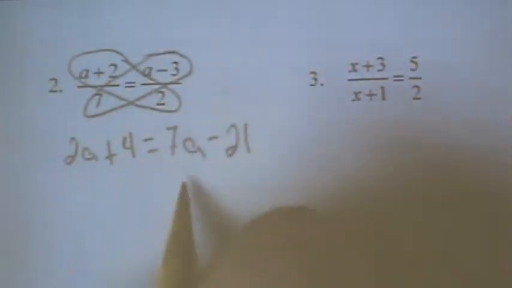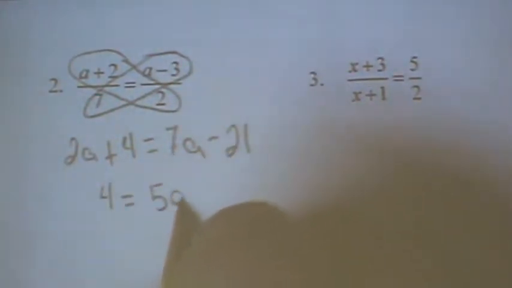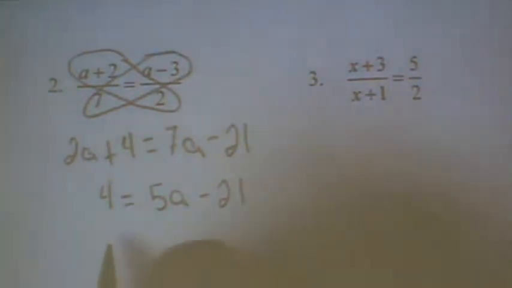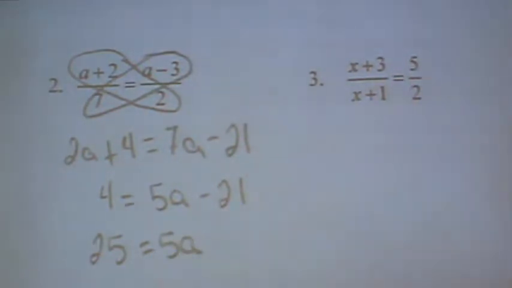Subtracting 2a. And then adding the 21. Dividing by 5. A equals 5.